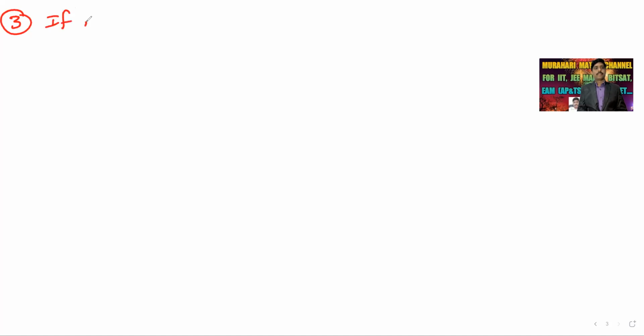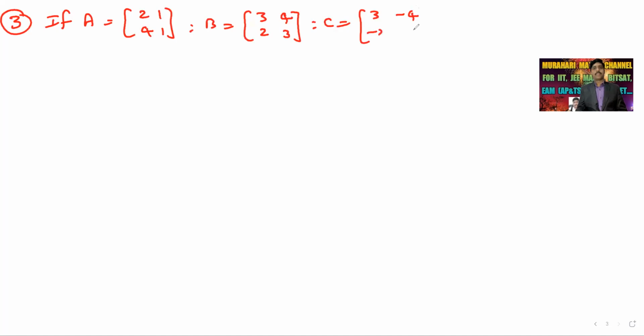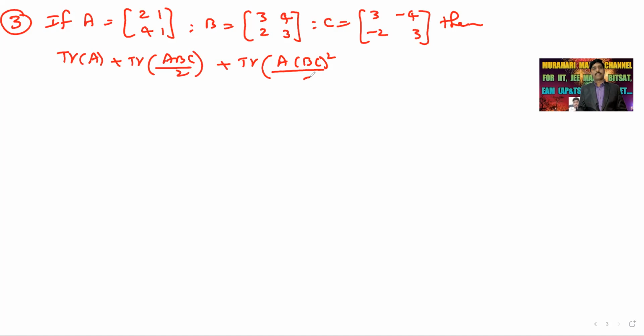If A is equal to [[2, 1], [4, 1]], B is equal to [[3, 4], [2, 3]], C is equal to [[3, -4], [-2, 3]], then we have to find trace of A plus trace of ABC by 2 plus trace of A(BC) whole square by 4 and so on up to infinity.